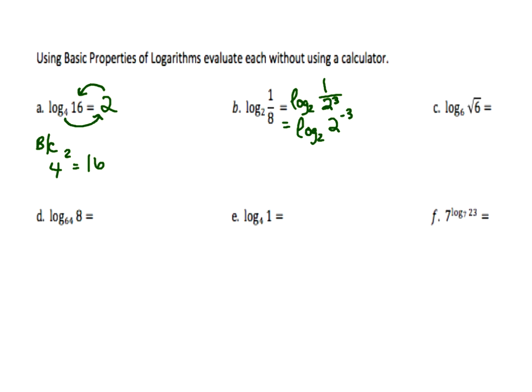So it comes up to the numerator and becomes negative. So now the question is, what can I raise 2 to make 2 raised to the negative third power? So the answer there is negative 3.